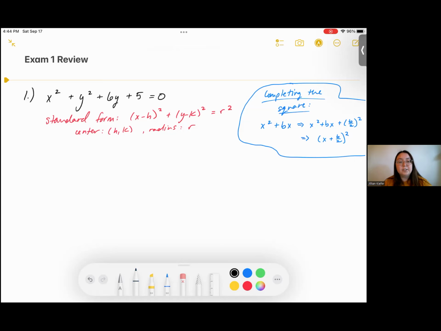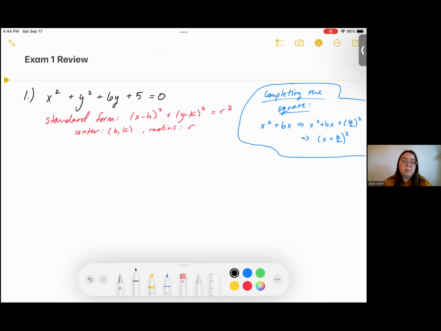Our first step whenever we have the equation of a circle and it's not in standard form is to make it look as much as possible like standard form, which means we group our x terms and our y terms together with parentheses, and then we send any constant that doesn't have an x or a y on it to the other side.